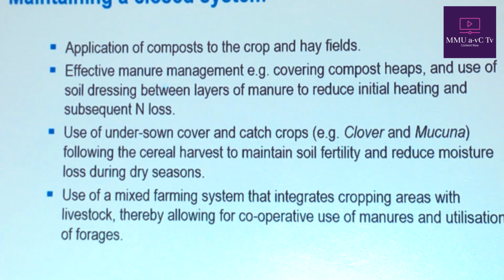Use of a mixed farming system that integrates cropping areas with livestock, thereby allowing for cooperative use of manures and utilization of forages. This is actually the emphasis of using the output of one enterprise as input for another enterprise.